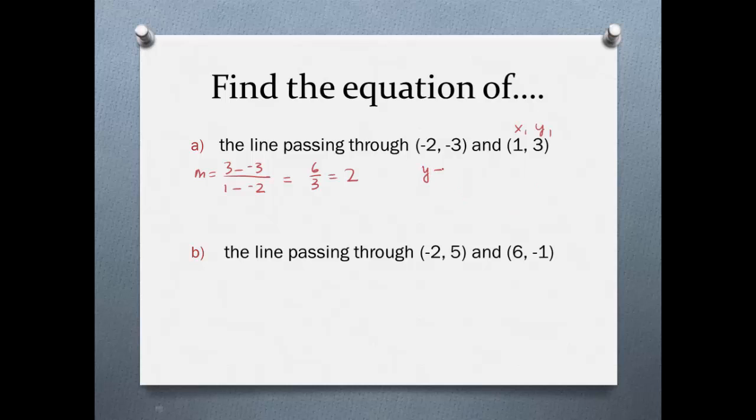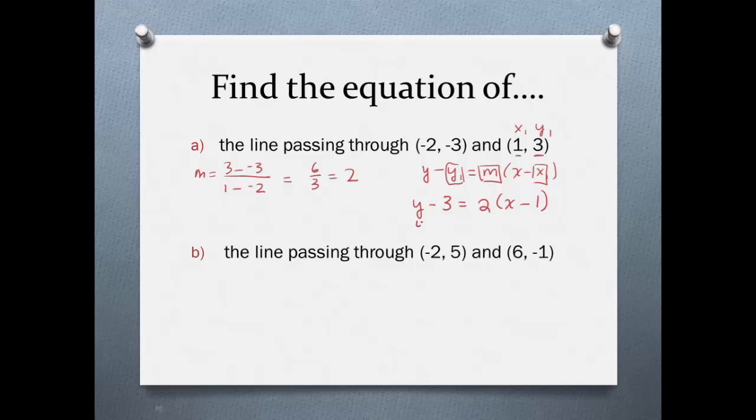So I have y minus y1 is m times x minus x1. I fill in numbers for these pieces here that I'm putting a box around. So my equation is going to be y minus 3 equals, my slope is 2, times x minus 1. And again, the 3 and the 1 come from that point there.